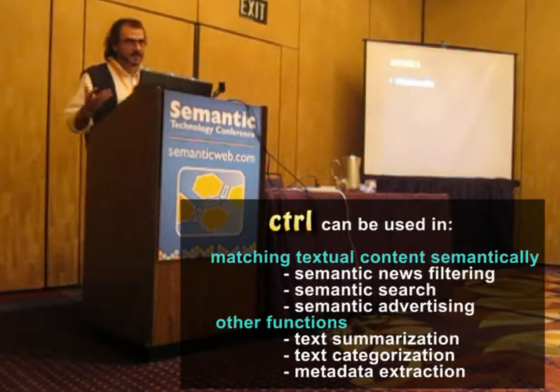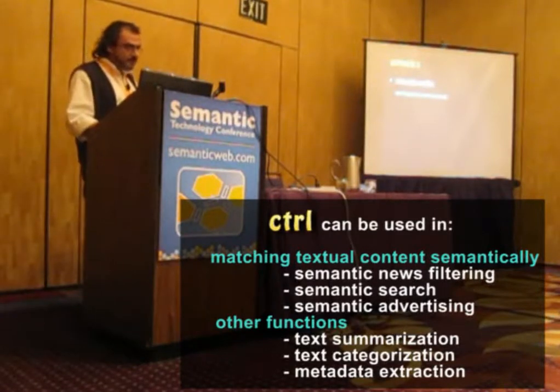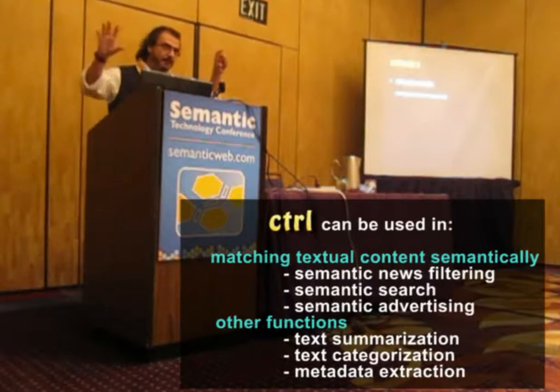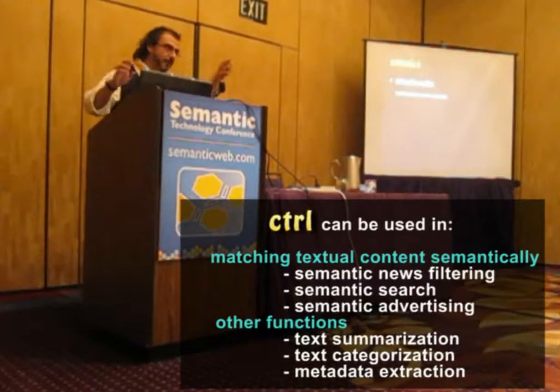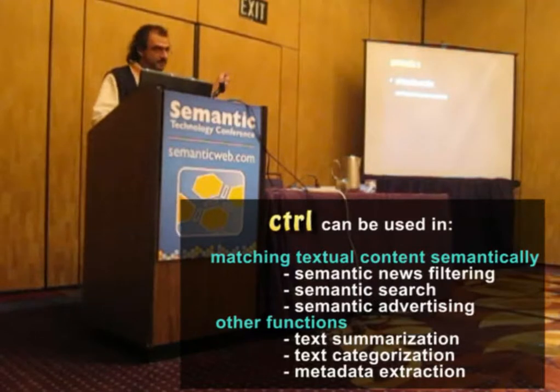So they're all doing the same thing. Now, control can be used to match textual content semantically, whether I'm matching an advertisement to a web page, whether I'm matching a query to a document based searching. In the end, we're matching textual sources semantically. So control can be used to do that, which means it can be used to do semantic advertising, semantic news filtering, search.